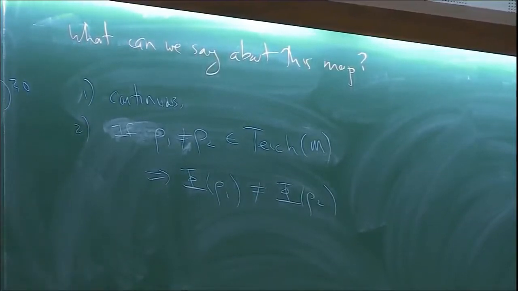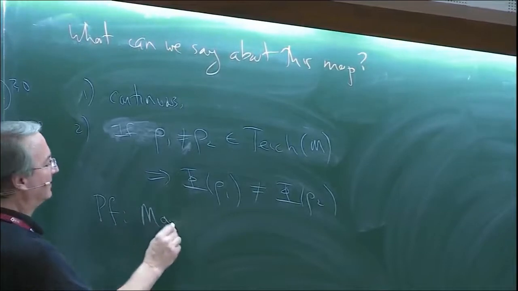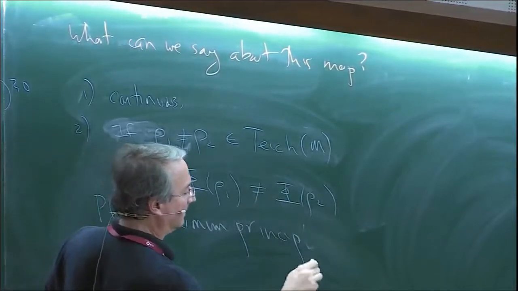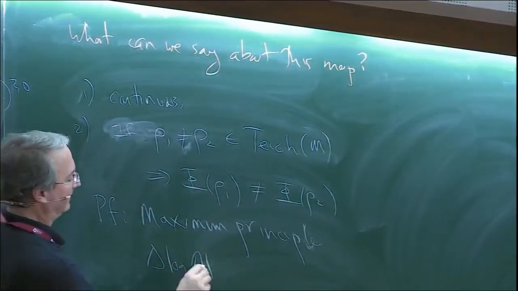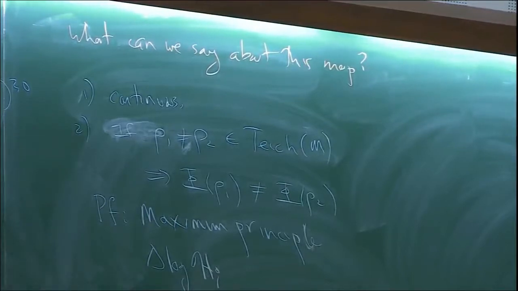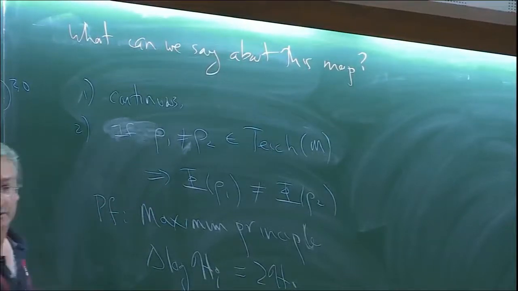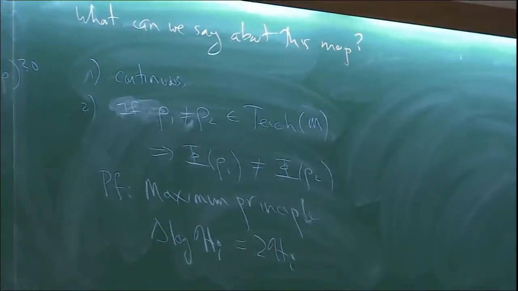I wanted to do this for you because the proof is once again the maximum principle. You already know that if I look at the H's, each one of those H's in this pullback, I want to pretend that we have two maps with the same Hopf differential.